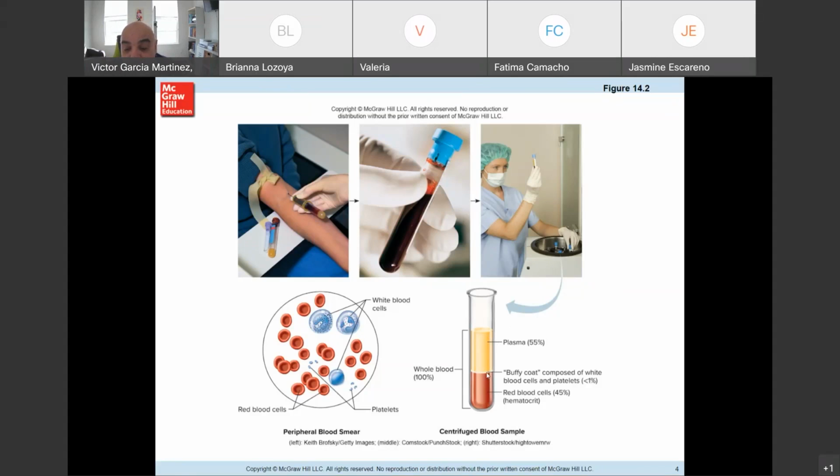Between them we have the buffy coat, which is less than 1% of the whole blood, and it's only white blood cells and platelets.